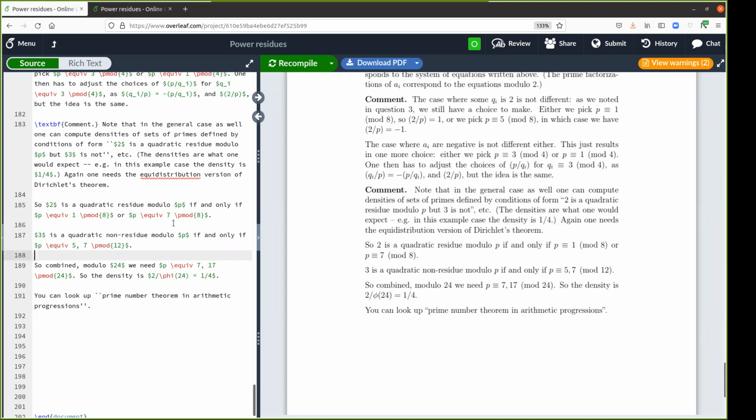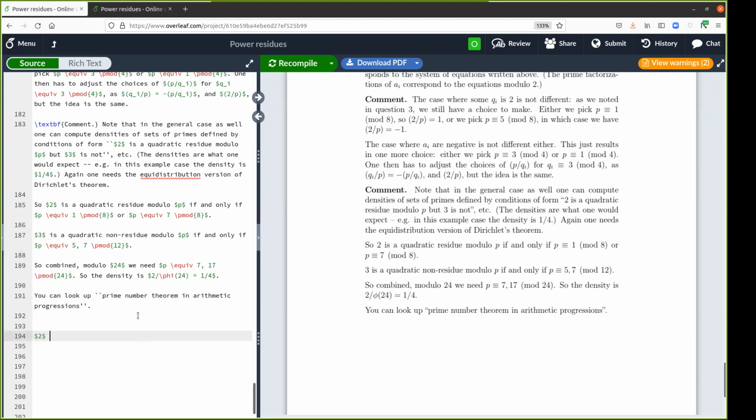And in the general case, you can't think of the independence being any formal argument. It's just some heuristic idea of what to expect. And of course, they aren't always independent.